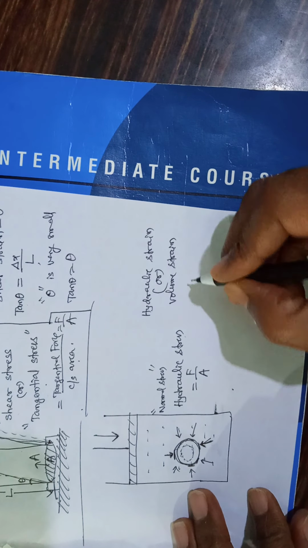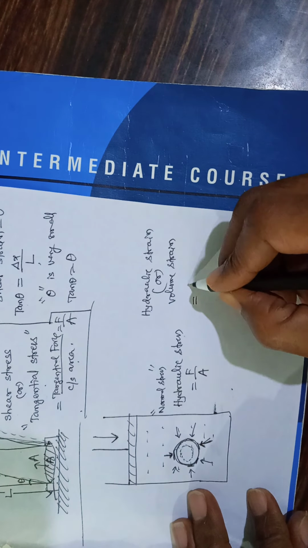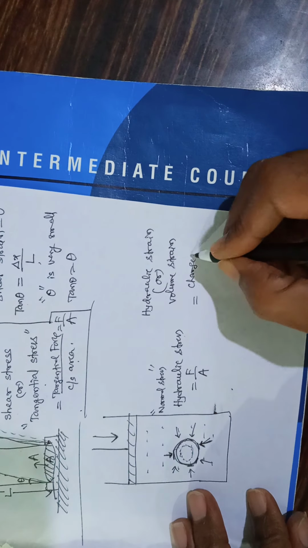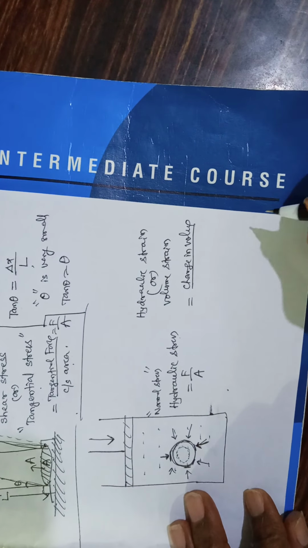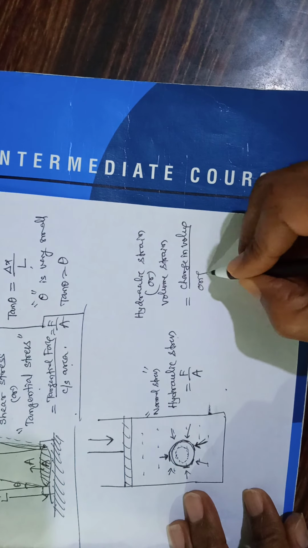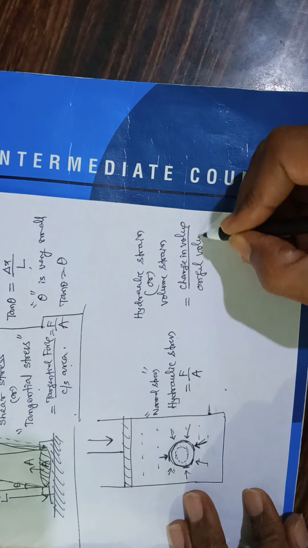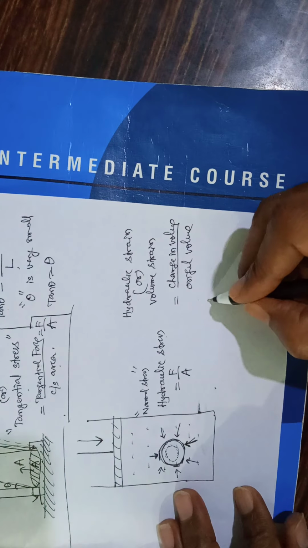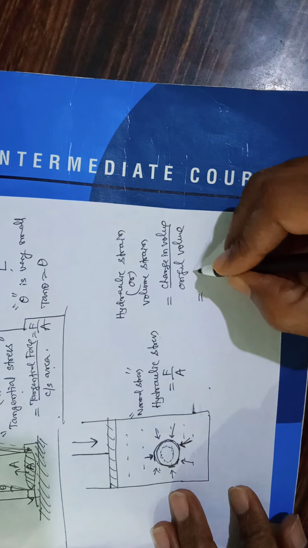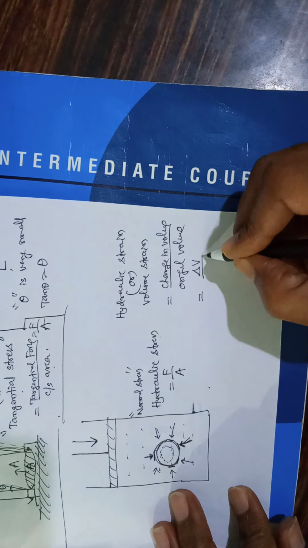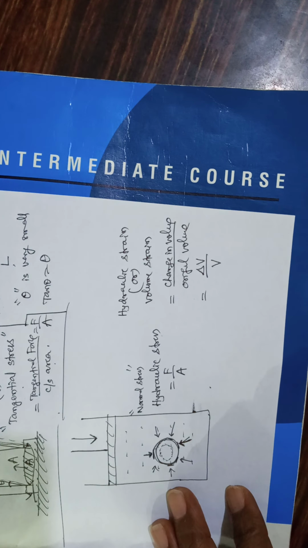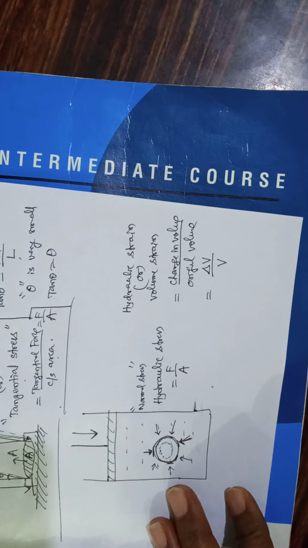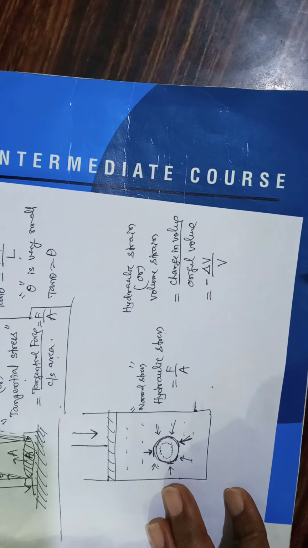So here we define this as change in volume by original volume. So we write this as delta V by V. And we put a minus sign here.